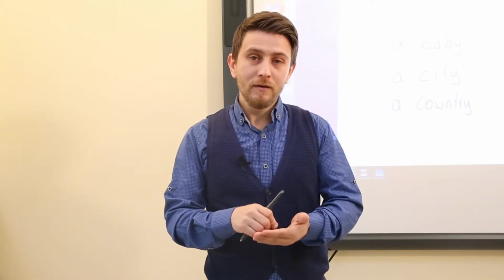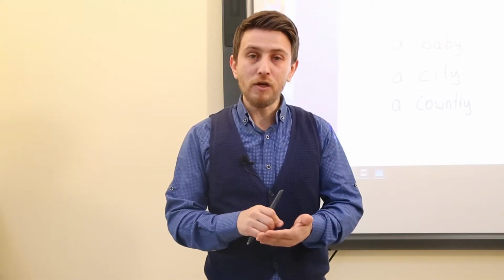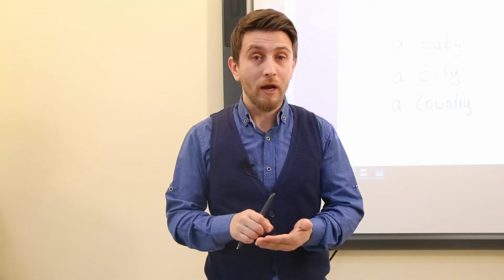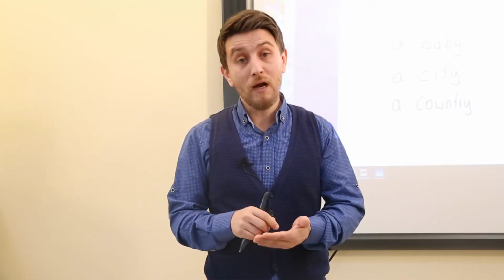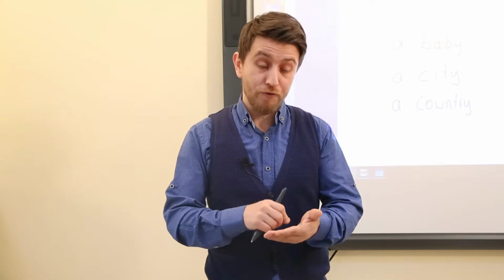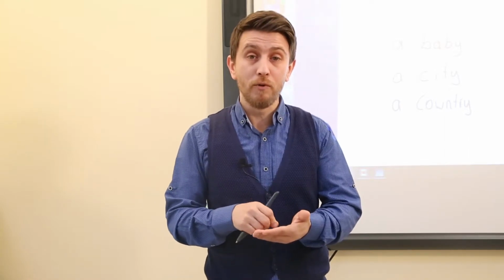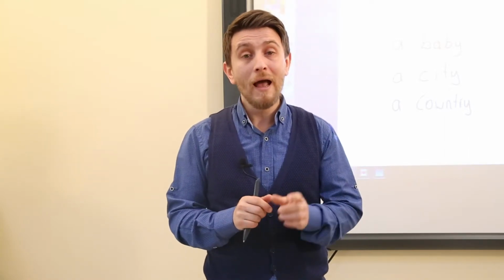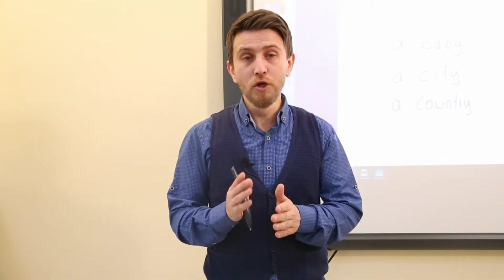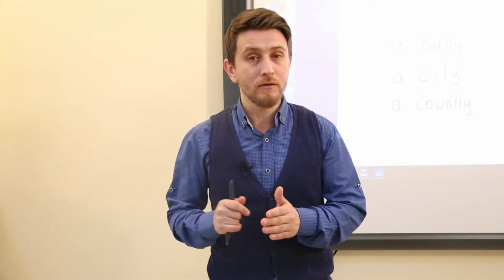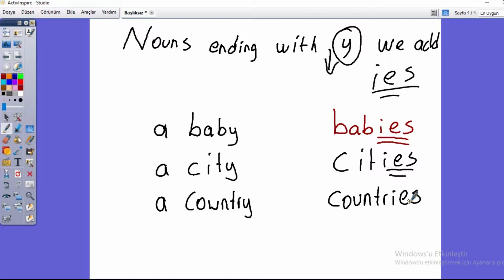Let's give the last example for nouns ending with y. You write every day in maybe your diary. Right? My cousin keeps a diary. He writes every day in his book. So this is called a diary. The plural form is diaries. A diary.